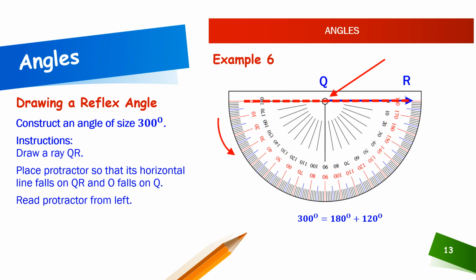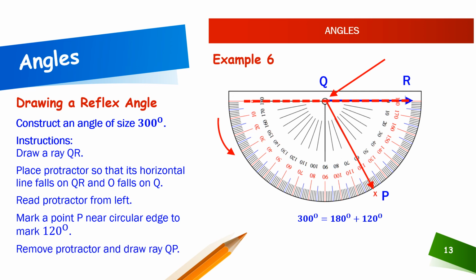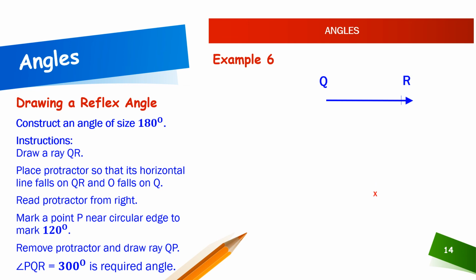Read the protractor, this time from the left, and mark a point P near the circular edge to mark 120 degrees, as shown. Finally, remove the protractor and draw the ray QP. Angle PQR equals 300 degrees is our required angle.